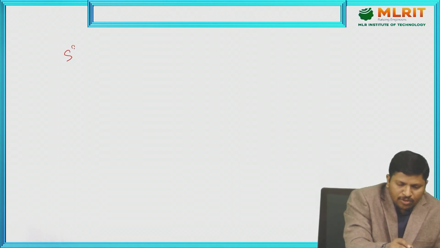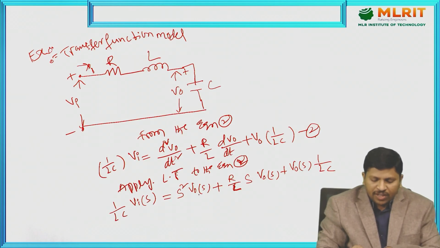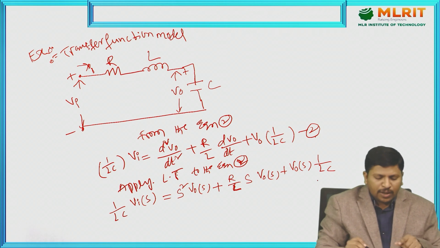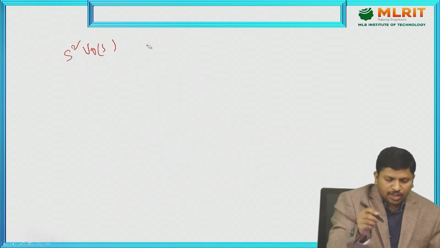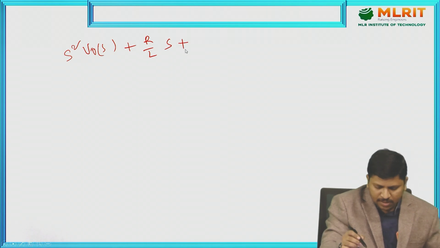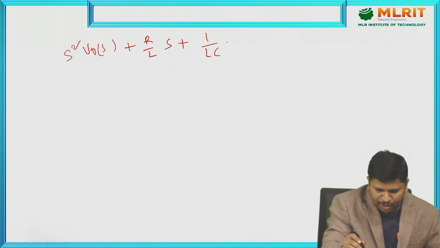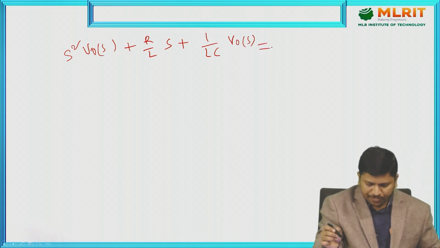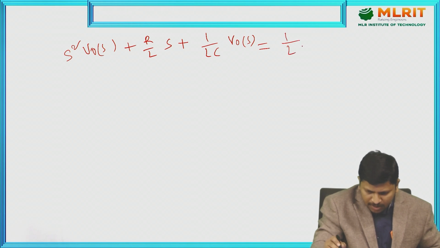I am going to write S square V naught of S plus R by L into S V naught of S plus V naught of S into 1 by LC. Now I am going to write this one first: S square into V naught of S plus R by L into S plus 1 by LC into V naught of S equals 1 by LC into Vi of S.